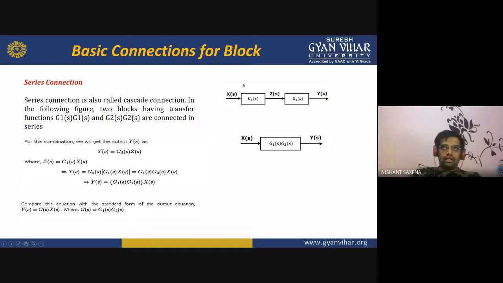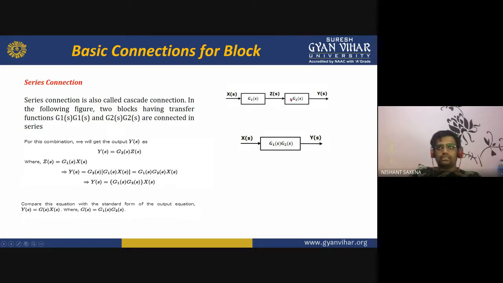So rather than representing the complete control system in this form by the two blocks, we can represent it with a single block like G1 into G2(s). Now how does it come? Let's see. For the combination, we will get the output Y(s). That is, Y(s) would be what?